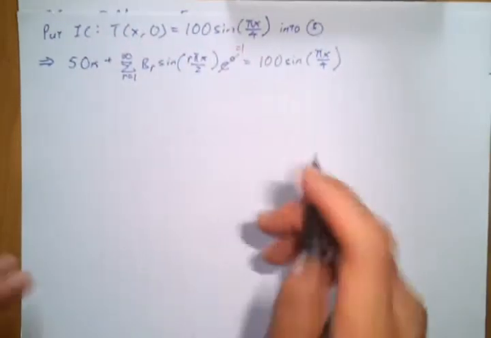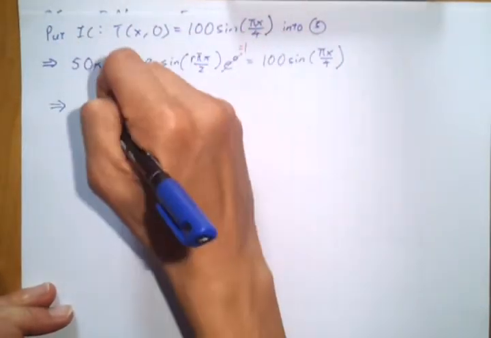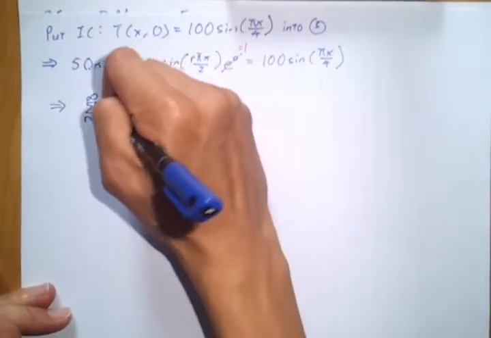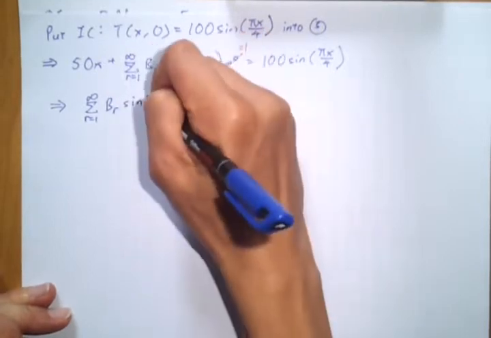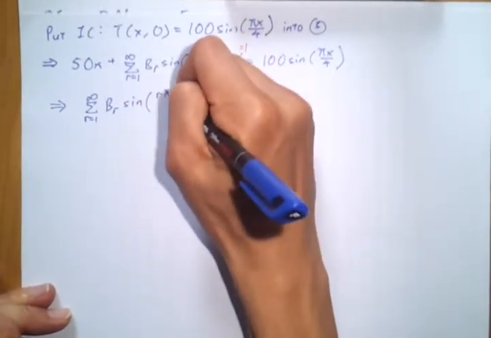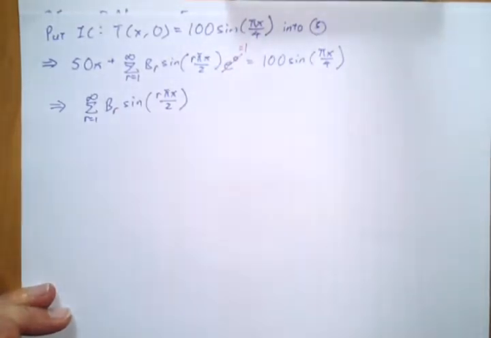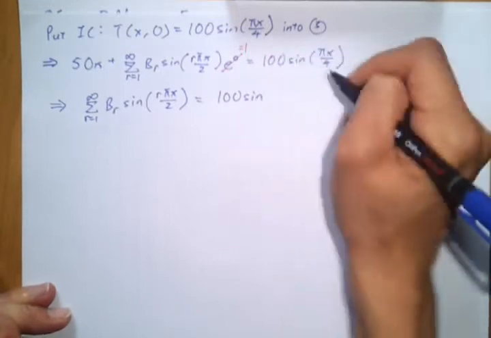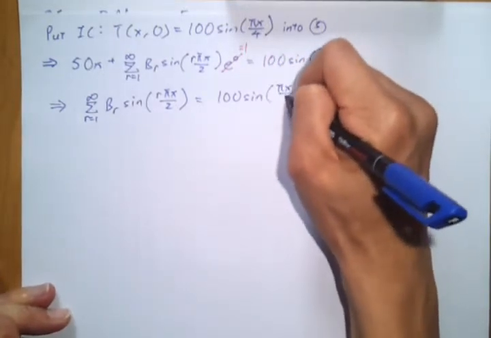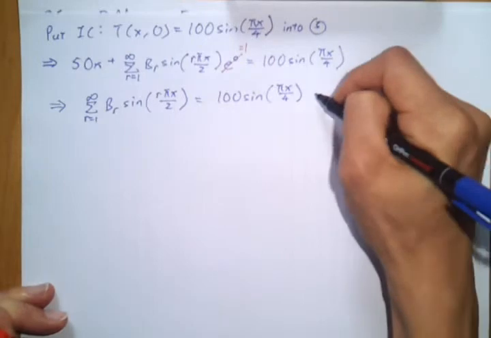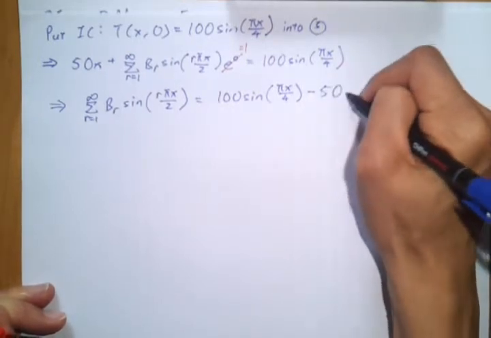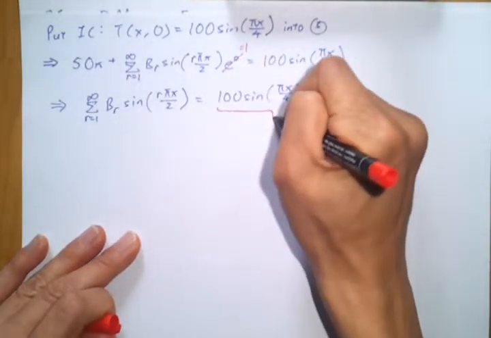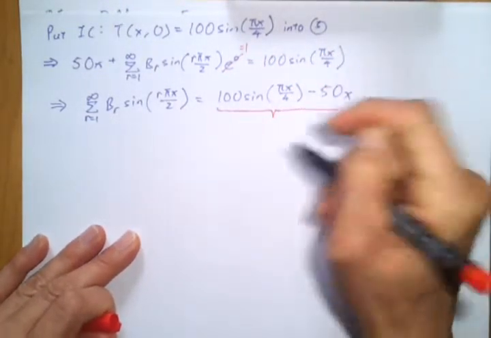So this is equal to 100 sine pi x over 4 minus 50x. I'm going to call this f of x.